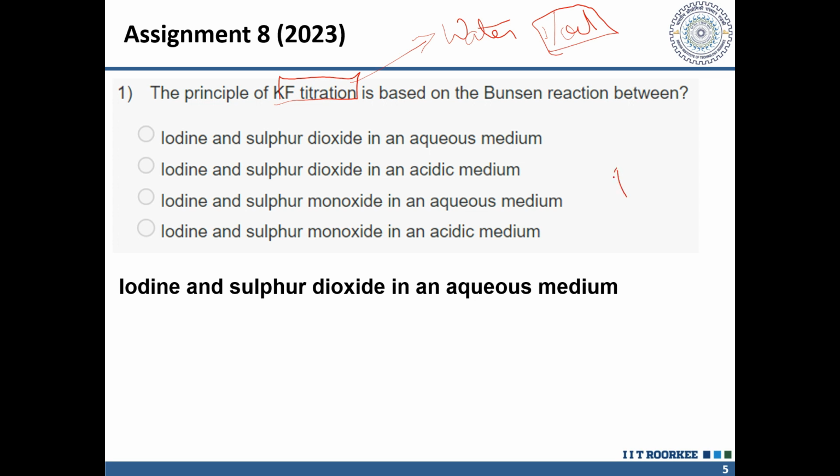There is another method, FTIR, through which we can determine the presence of water, but KF titration is the most used industrially. The main principle of this process is the reaction between iodine and sulfur dioxide in an aqueous medium.